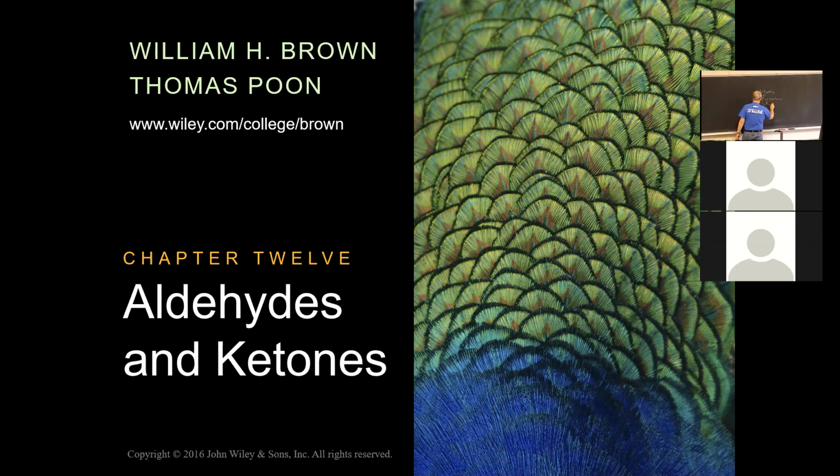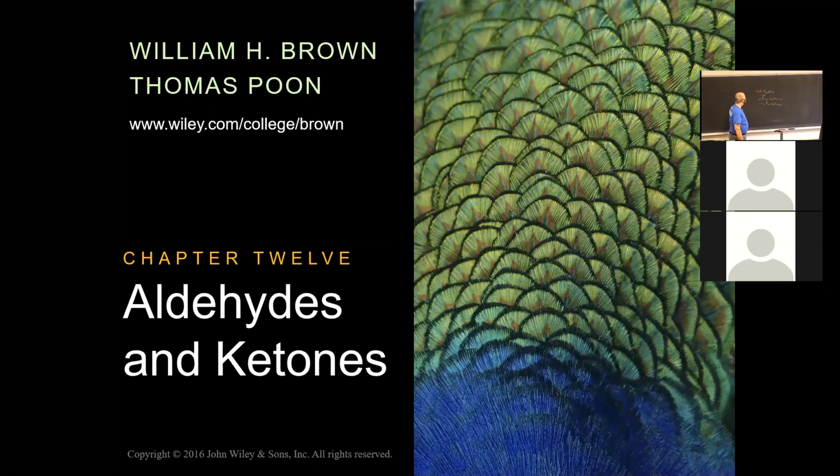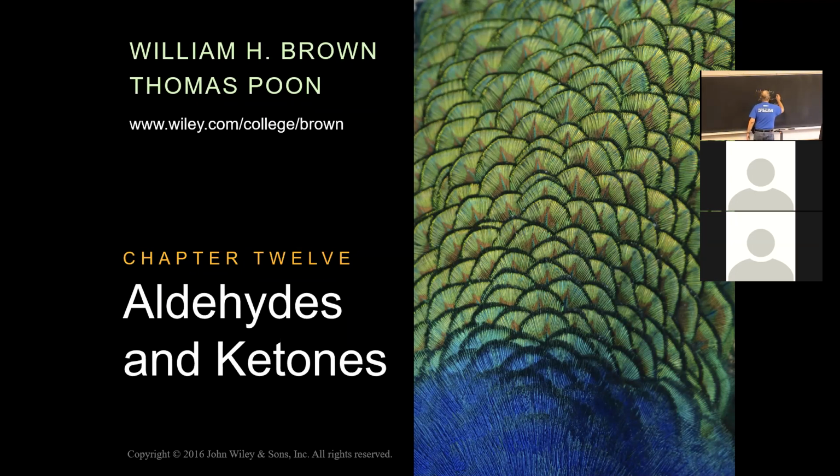This one would be butanal, and so on. The aldehyde group takes priority over alkenes, alkynes, amines, alcohols, and ketones.